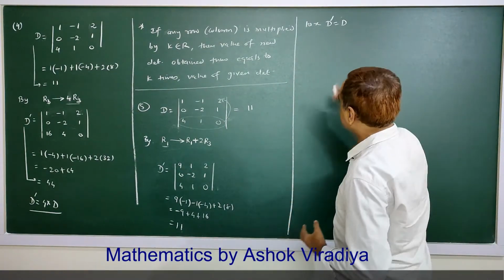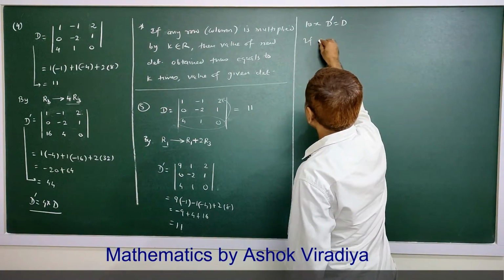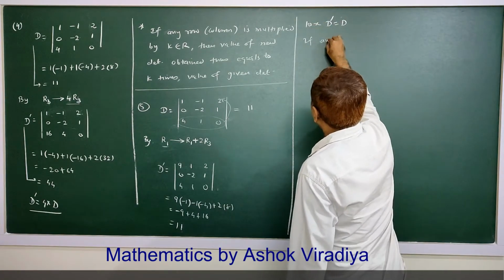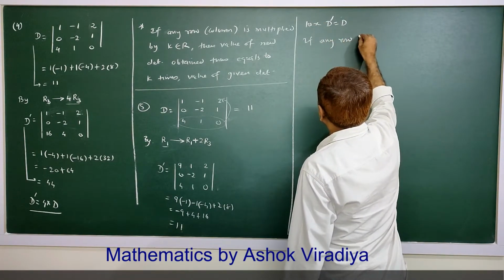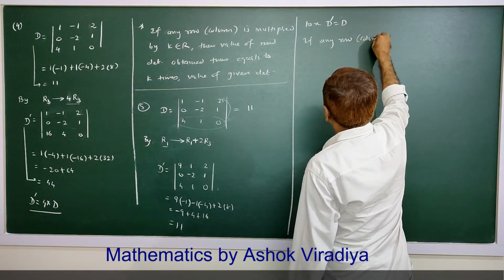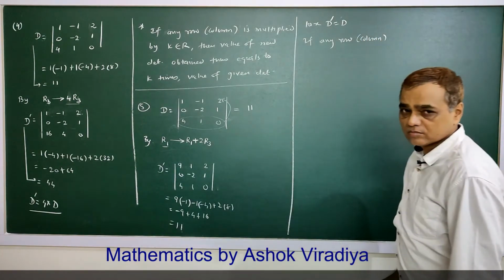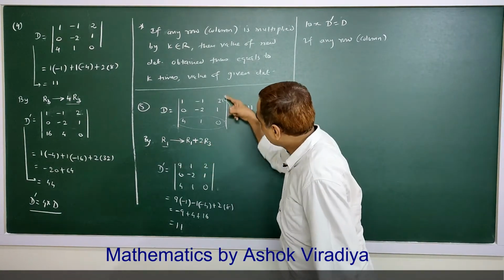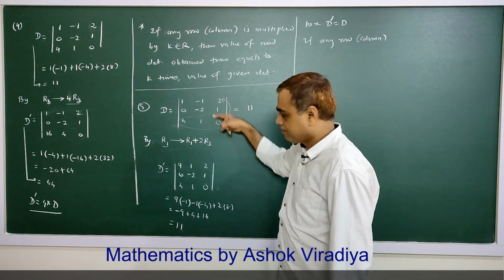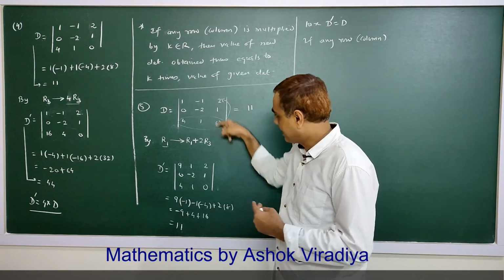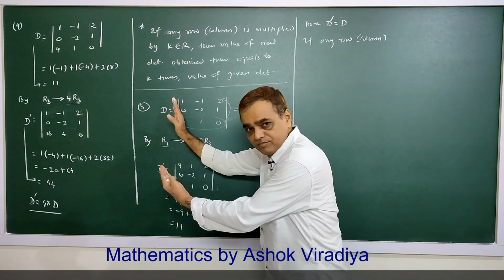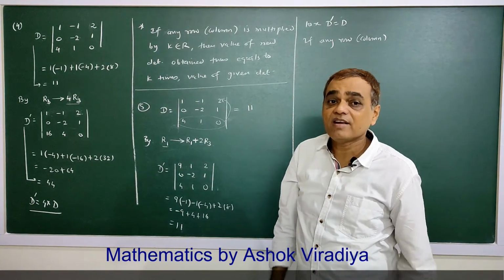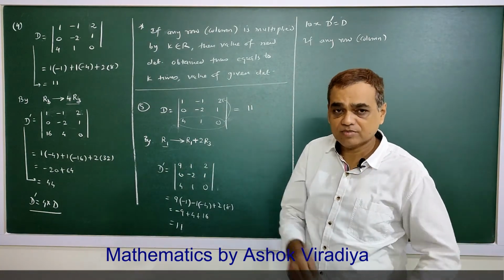Putting it in words: if the elements of any row or column, since this can also be performed on columns instead of rows. If I take a column, multiply the third column by any number k and add it in the first column or the second column, the value remains the same.